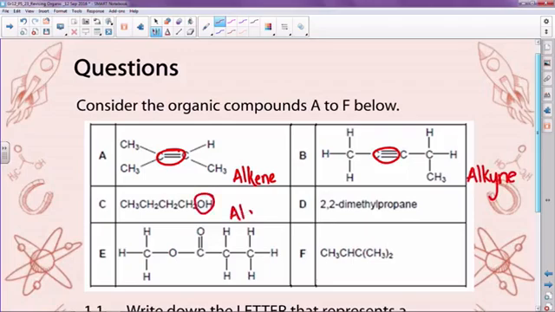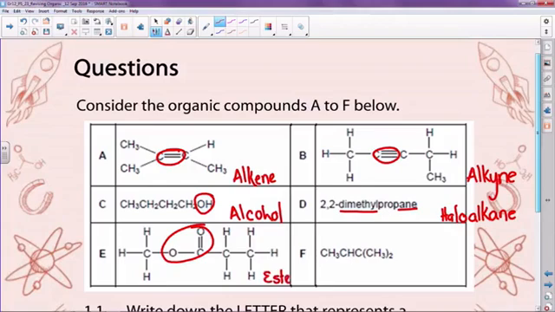That makes this an alcohol. This is 2,2-dimethylpropane. That makes it a haloalkane. Apparently, I've lost the ability to speak today. Let's not tell anyone. Then we look here and we go, oh wait, this has got the special one with the carbon in the middle. That makes this an ester.